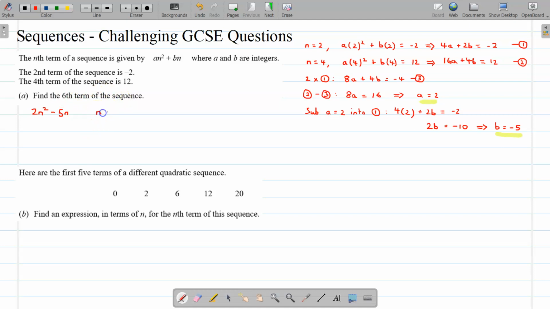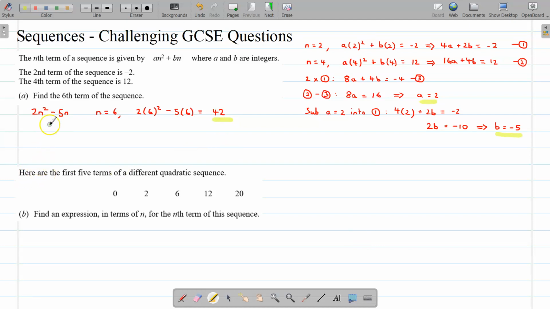I'm just going to substitute n equals 6, and that gives me 2 times 6 squared, in other words 2 times 36, minus 5 times 6. Well, that's 72 minus 30, which is equal to 42. And that will be the sixth term in that quadratic sequence.